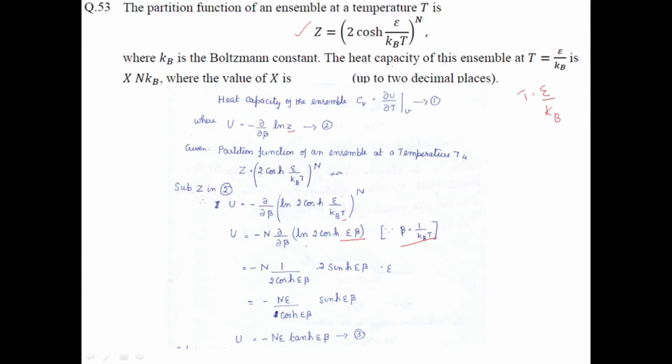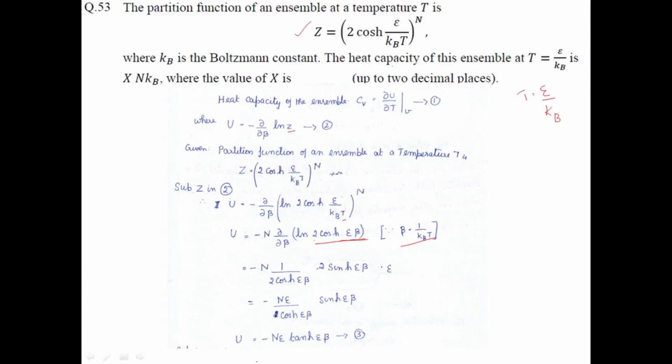Now differentiate ln with respect to beta. So you will be getting 1 divided by 2 cosh of E beta. Now we have to differentiate this term alone. For cosh, 2 is a constant, so keep it as it is, and for cosh we will be getting sinh of E beta into E. Now sinh divided by cosh is nothing but tanh.